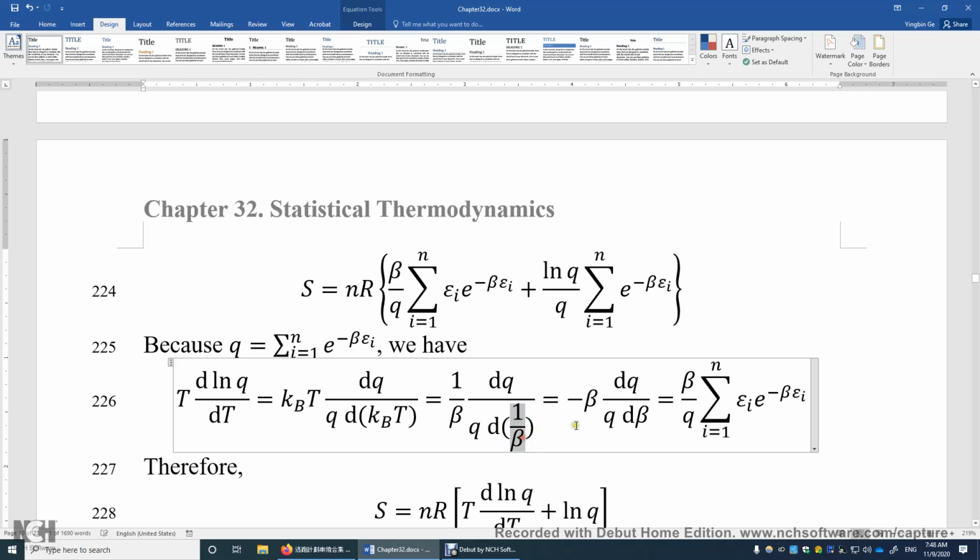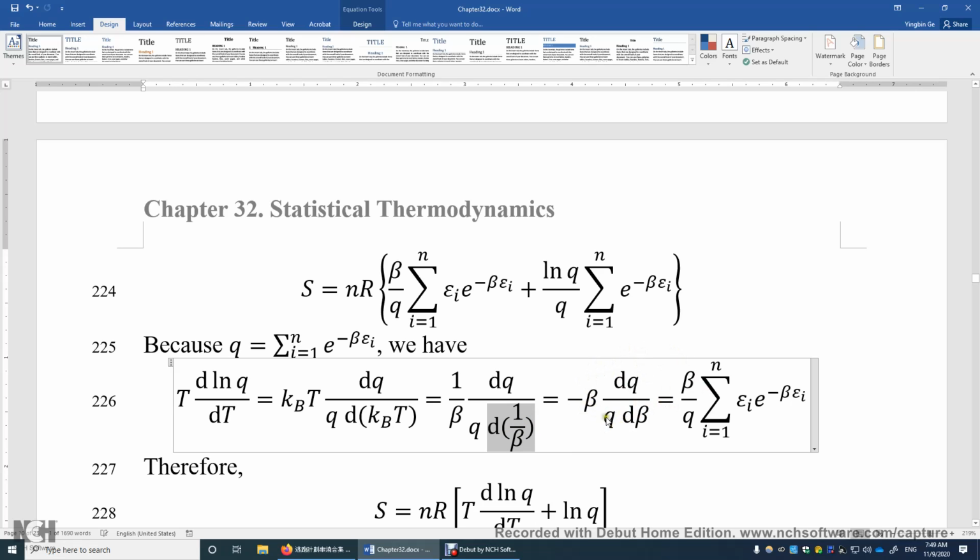The first derivative of 1 over beta is negative 1 over beta squared times d beta, so I rewrite this to be d beta times negative 1 over beta squared. And then we do some simplification.